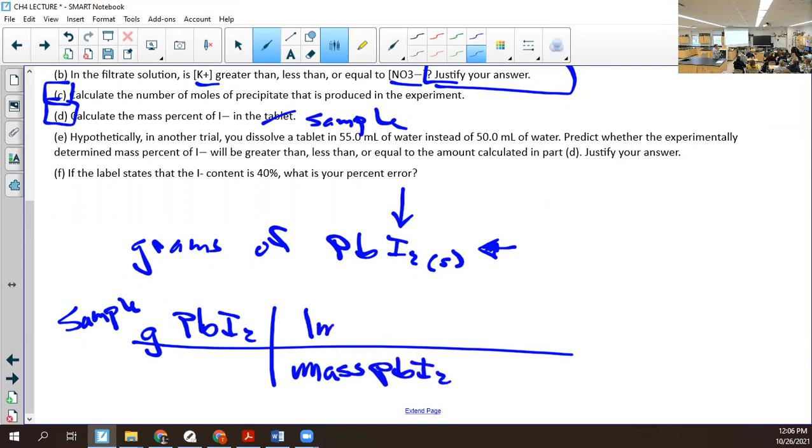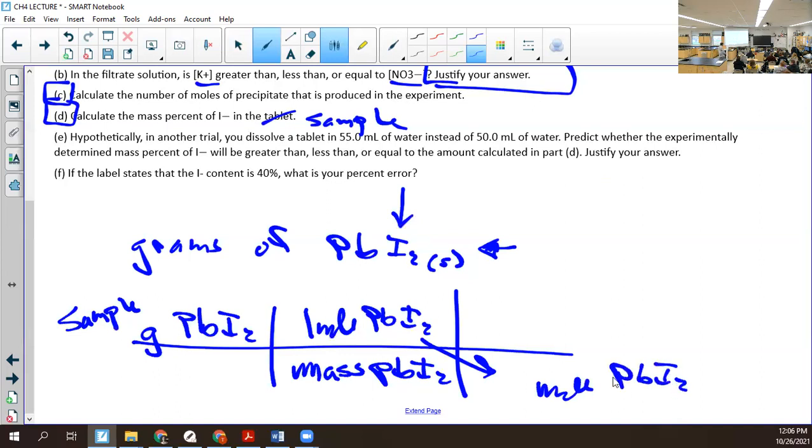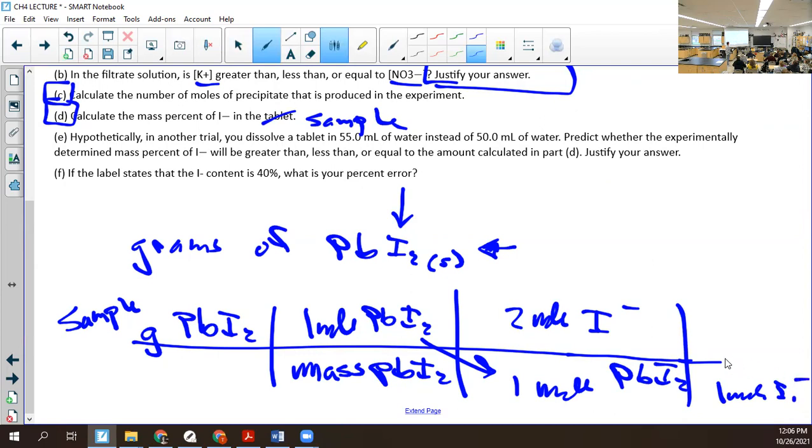All right, per 1 mole PbI2. Tell your partner what comes down here. Mole PbI2. For every one of it, what would you have up here? Good. 2 mole of I minus. What would be down here? 1 mole I minus. And what's up here then?